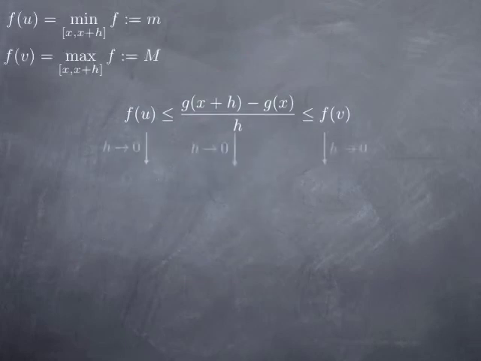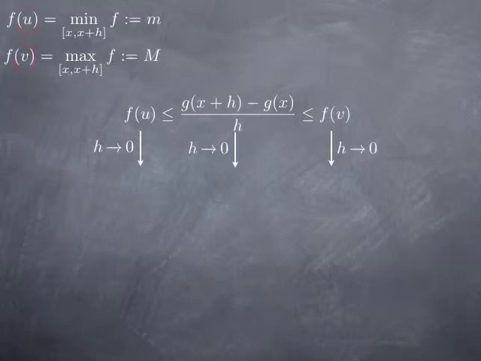So now what happens if h goes to 0? Well, u and v, by definition, are points that are in the interval from x to x plus h, and on which the function takes the minimal and maximum value. And the function f is continuous, so if h goes to 0, u goes to x and v goes to x.